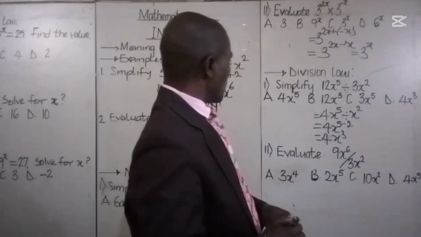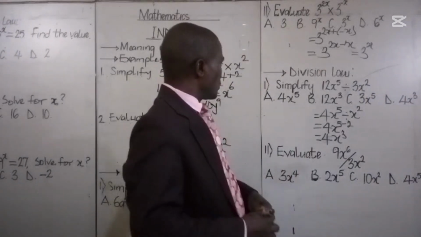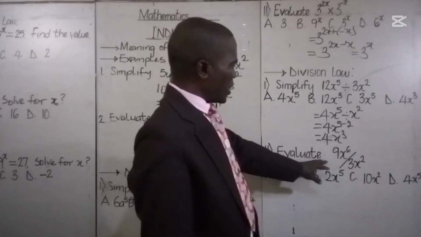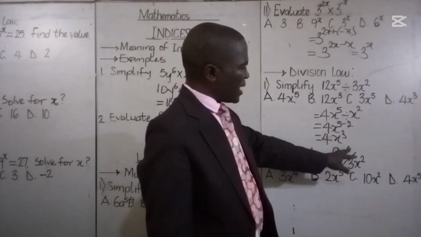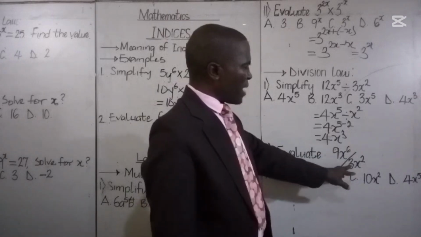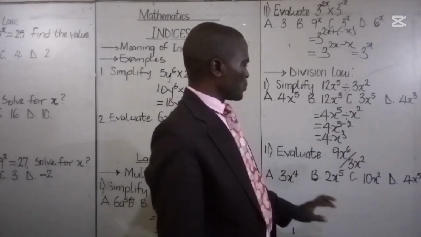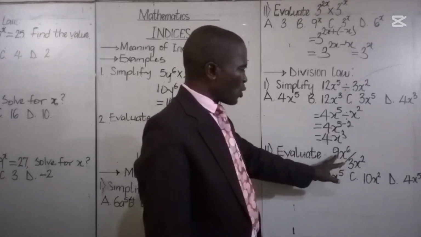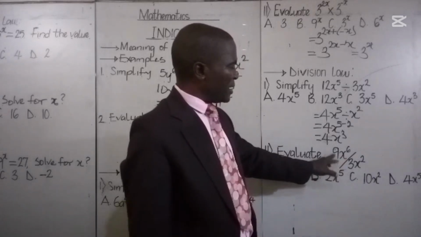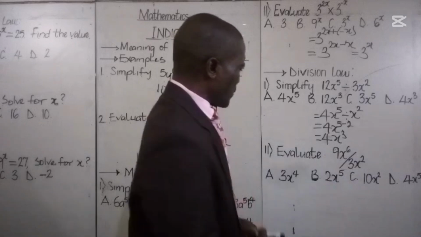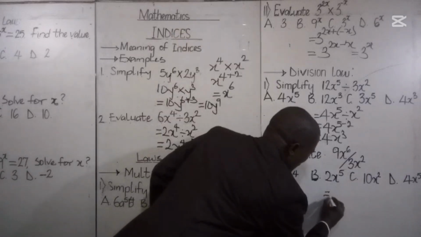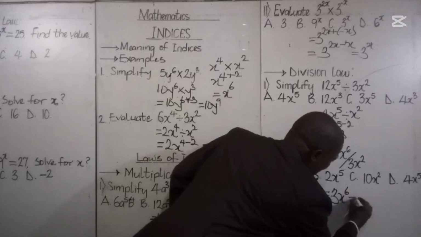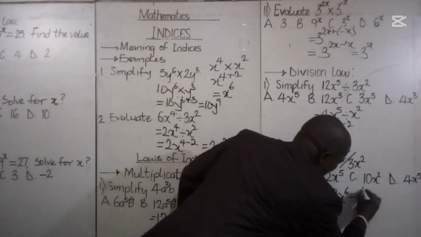Now we proceed to example 2 under division law. Example 2 says evaluate 9x raised to power 6 divided by 3x raised to power 2. This is also division law. Now what we are going to consider first is the whole number. 9 divided by 3, that is 3. Then we now have x raised to power 6 divided by x raised to power 2.